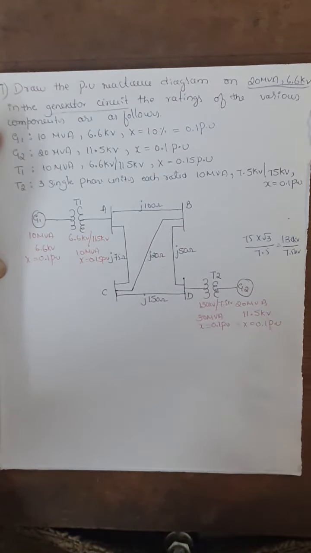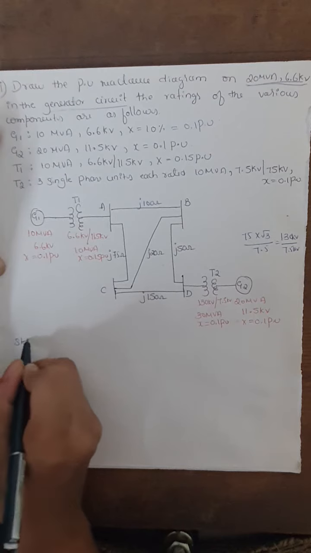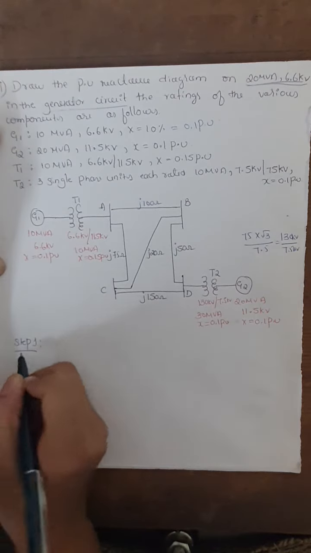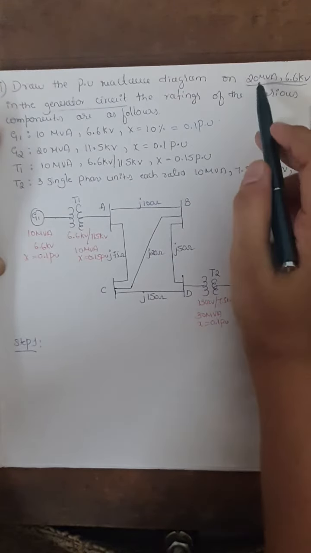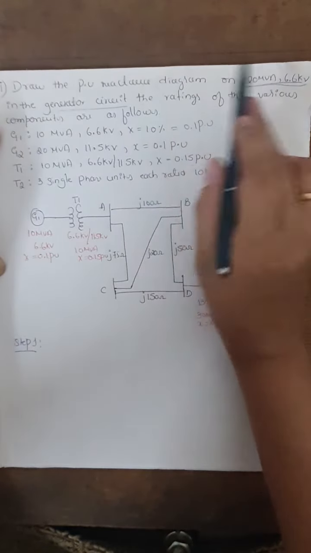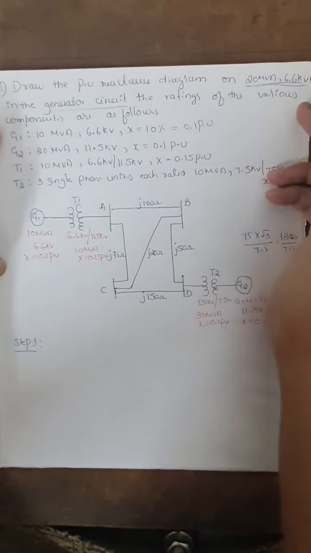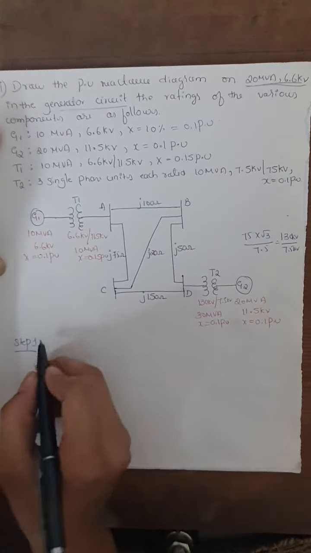Now proceeding with step 1, that is choosing a base power for the entire system. In the given problem itself, they have mentioned 20 MVA will be the base power from the generator 1 circuit and 6.6 kilovolt will be the base voltage of generator 1. The same I'll write in step 1 and step 2.